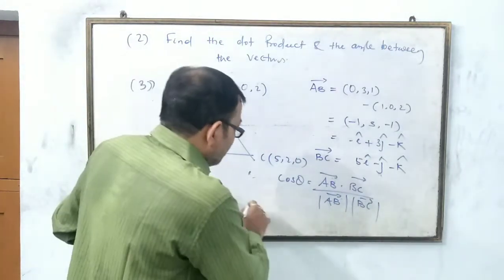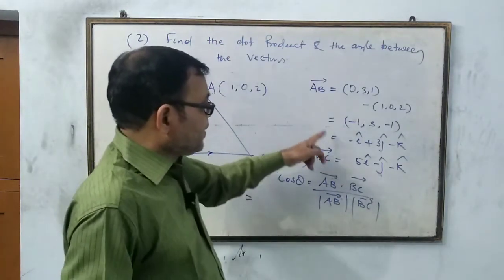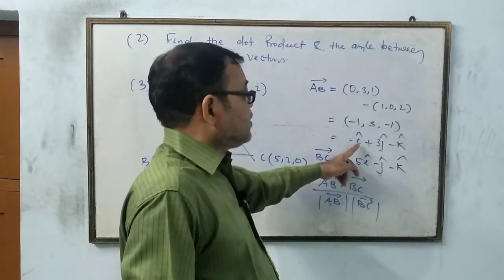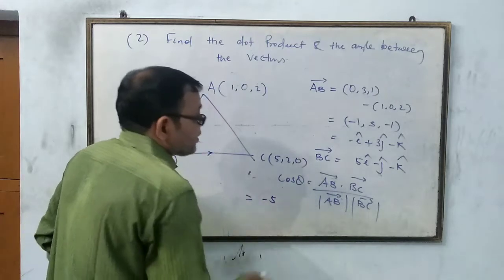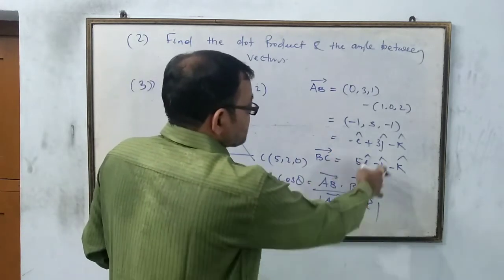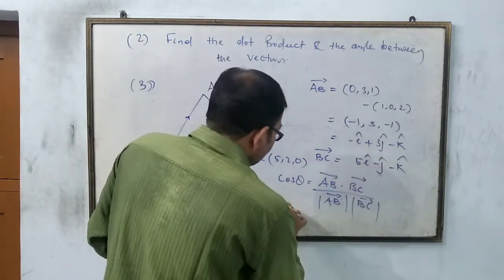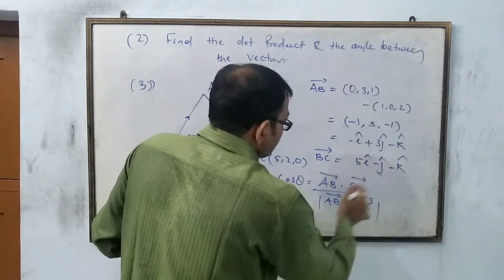What is AB dot BC? AB is minus 1 into 5, it is minus 5. Again the same technique: minus 1 into 5 is minus 5, plus 3 into minus 1 is minus 3, minus 1 into minus 1 is plus 1.